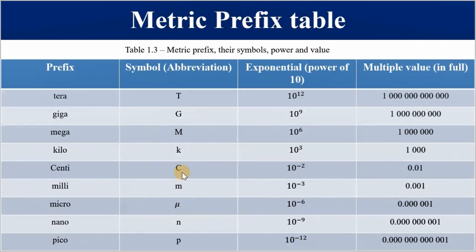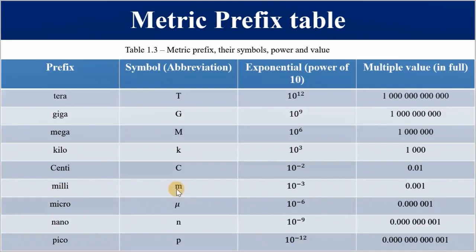Kilo, please take note, kilo is small letter k, and in power form it is equal to 10 to the power 3, and it is equal to this value. Centi, I think you are aware of centimeters. The symbol is small letter c. It is equal to 10 to the power minus 2, and this is equal to 0.01. If you punch your calculator, you get this value.